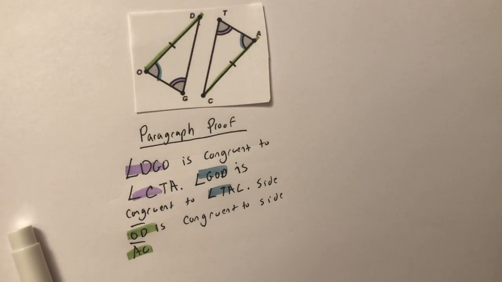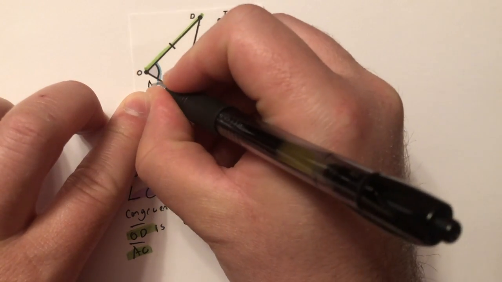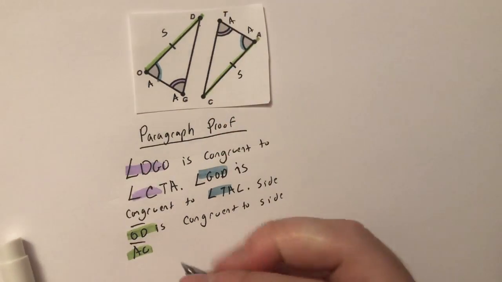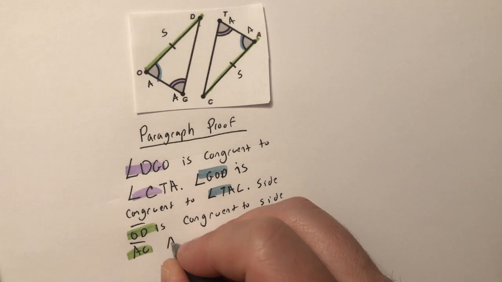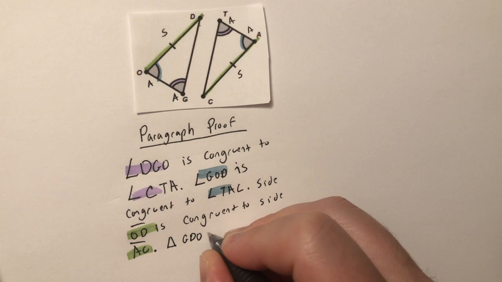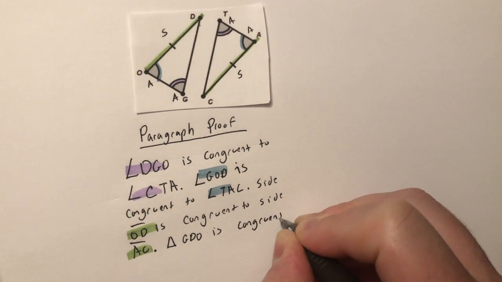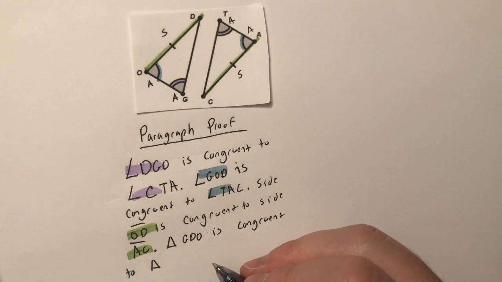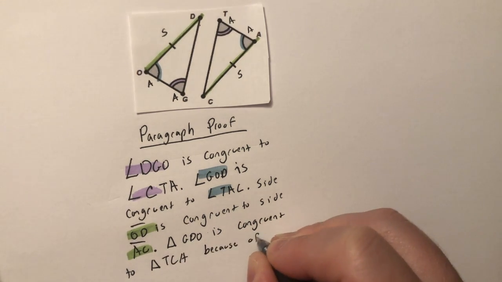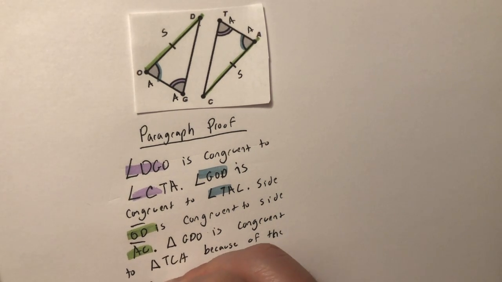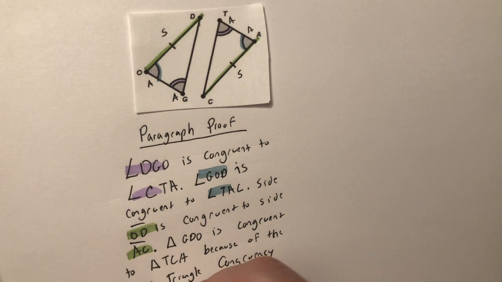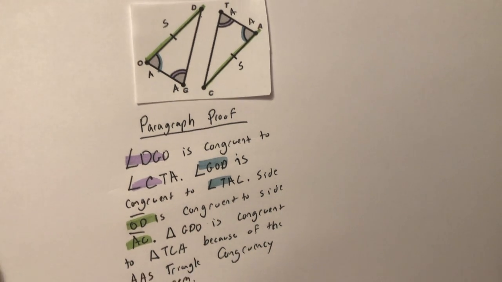So if I'm looking at my shape here, I can mark A, S, and A, S, which tells me that triangle GDO is congruent to triangle TCA because of the AAS triangle congruency theorem. Boom.